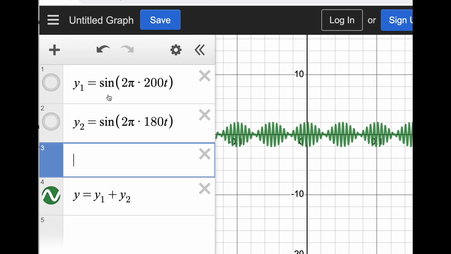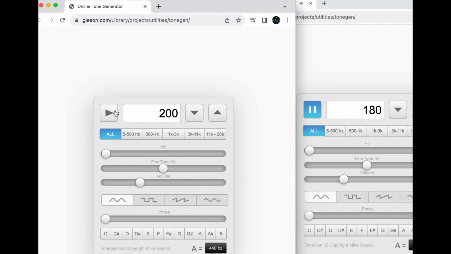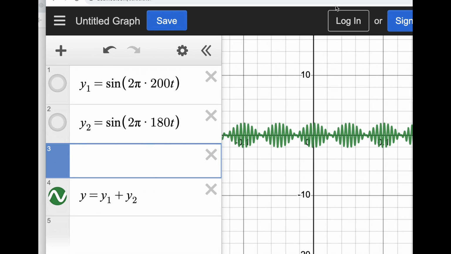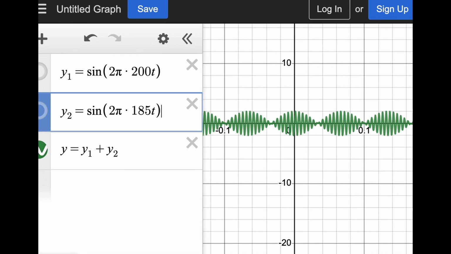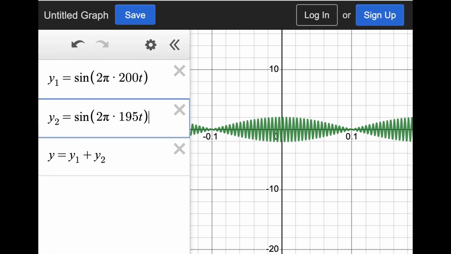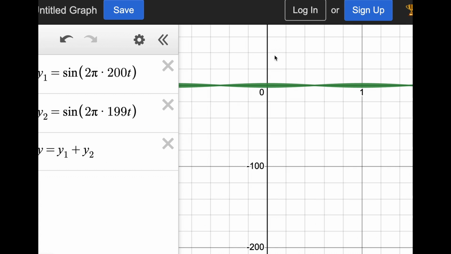Here's the sound for 180 and 200 together. When there's only 1 hertz difference between the waves, we can really hear the times of constructive interference and destructive interference clearly.